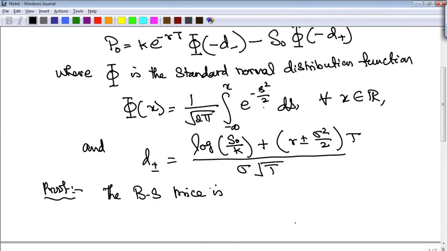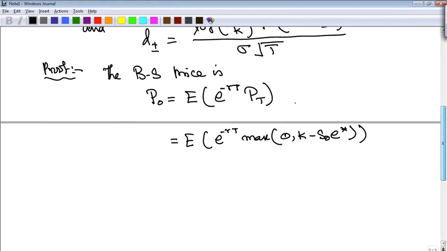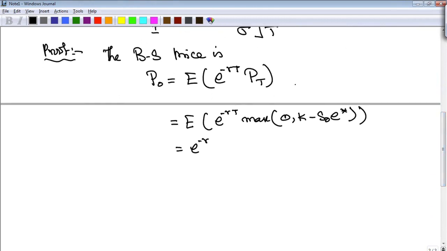Recall that the Black-Scholes price is given by P naught is equal to E of e power minus RT PT, where PT is the payoff of the European put option. Therefore, this can be written as e power minus RT maximum of 0, K minus S naught e power x. Now I will take e to the power of minus RT out and write E of maximum of 0, K minus S naught e power x.